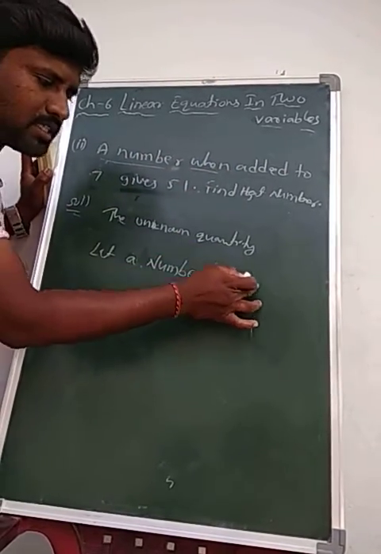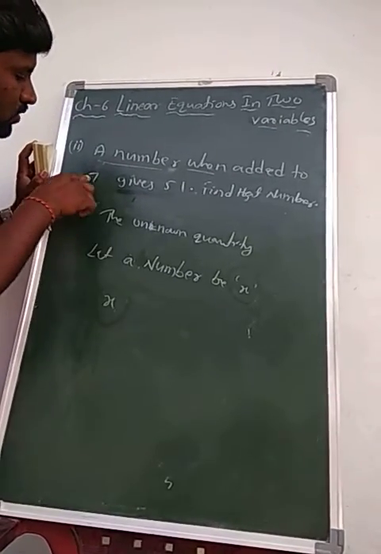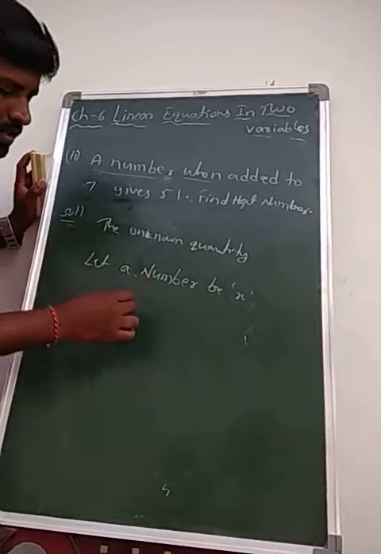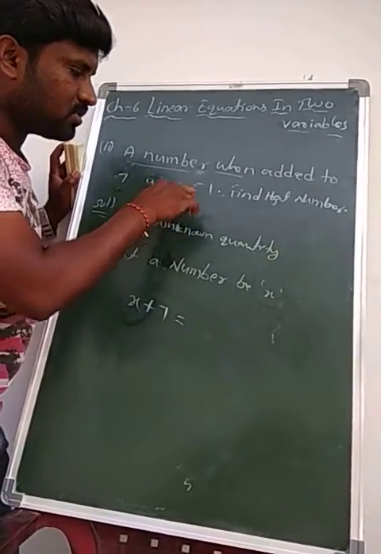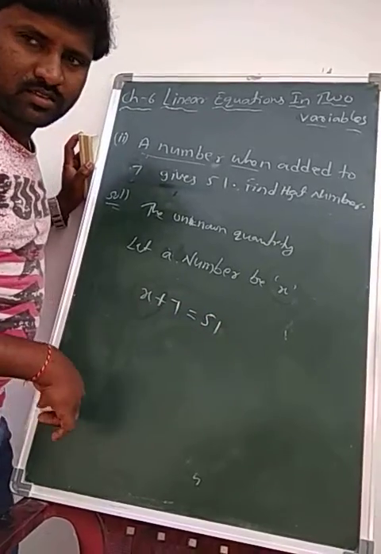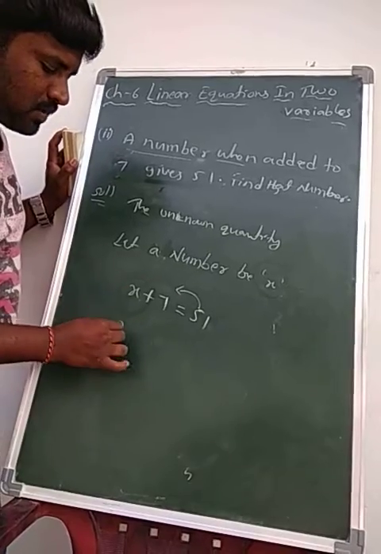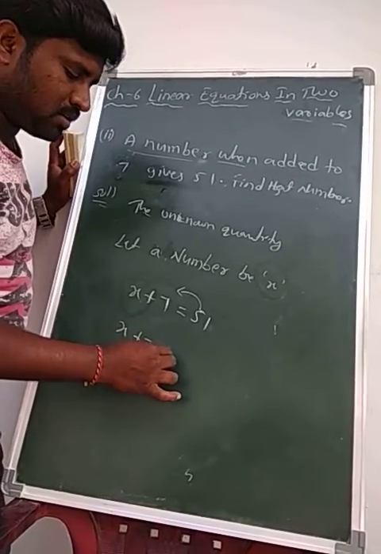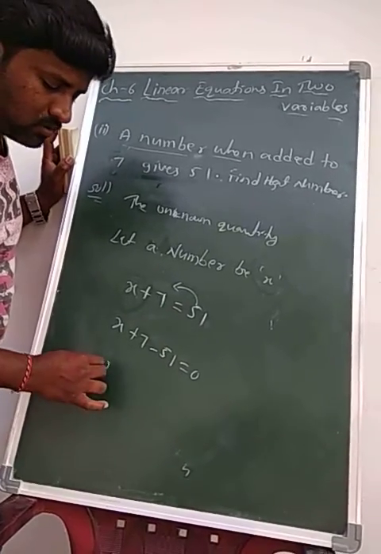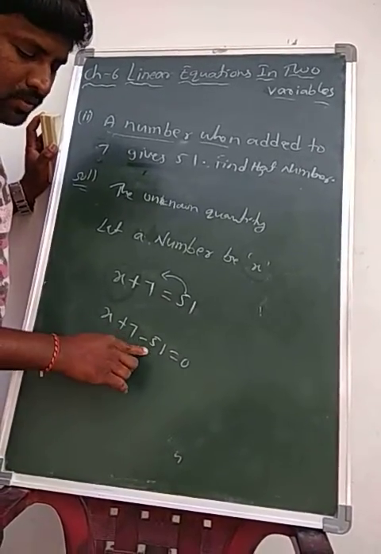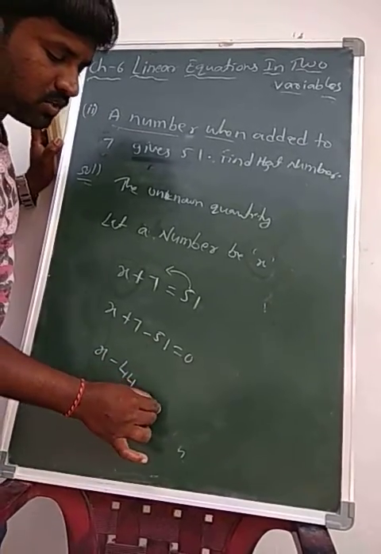That means I take that number as x. If we add 7 to this x, it gives 51. Now if I transpose, x plus 7 minus 51 is equal to 0. Now x plus 7 minus 51 means x minus 44 is equal to 0.